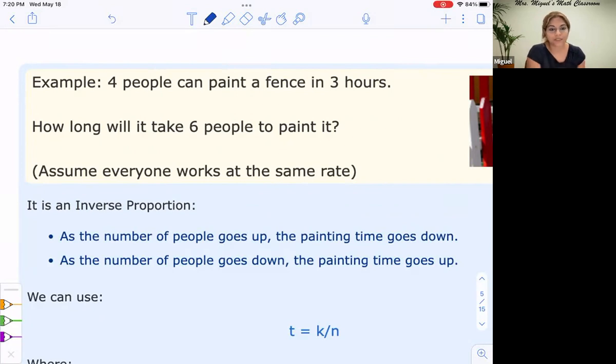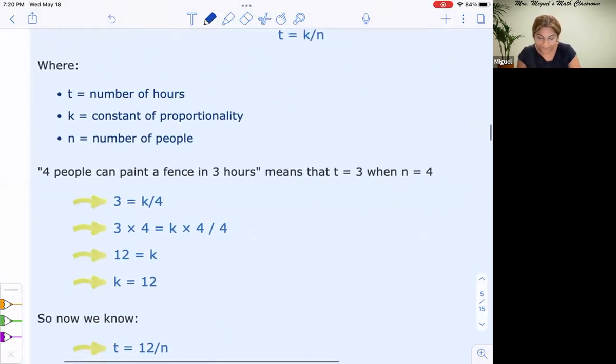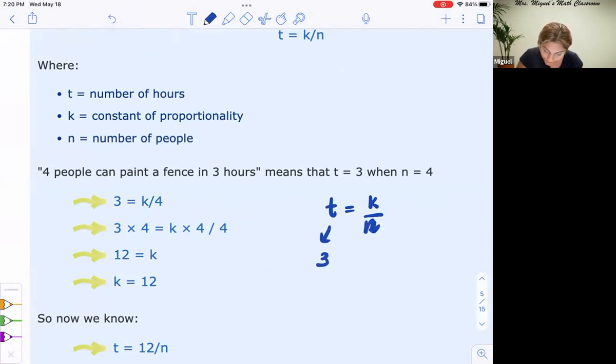Whereas the direct proportion is like the earnings, right? Now, 4 people can paint a fence in 3 hours. So we know y is equal to k over x. They use T and N, so let's use that: T for time and N for the number of persons. So when T is 3, N is 4. We want to find the constant of proportionality. We can cross multiply.